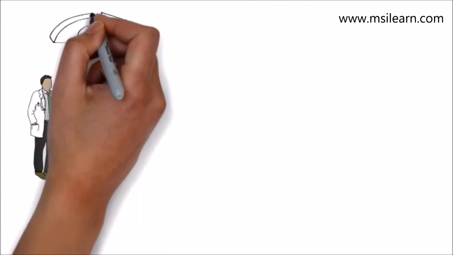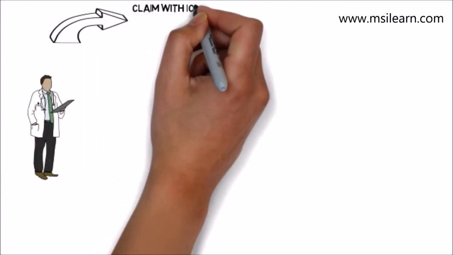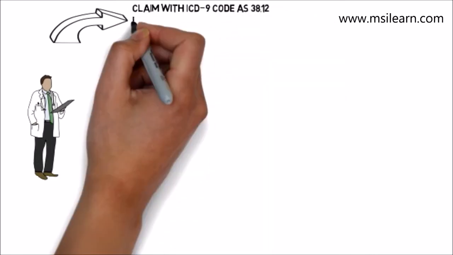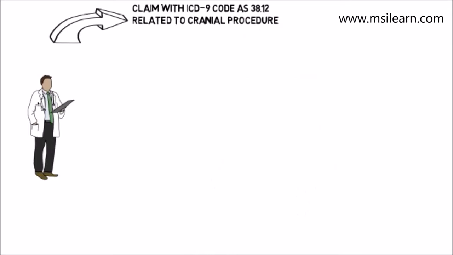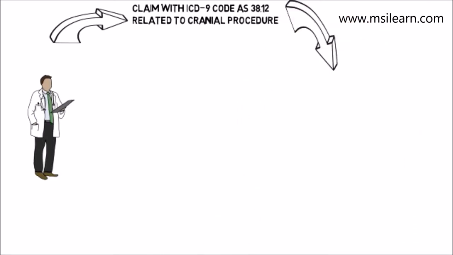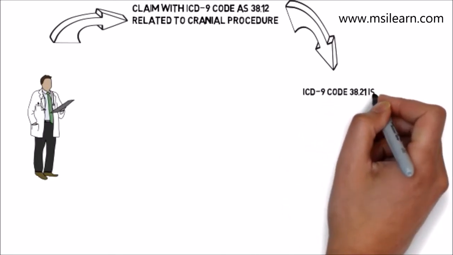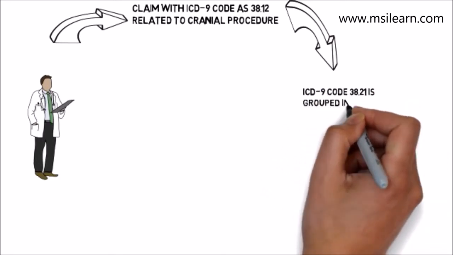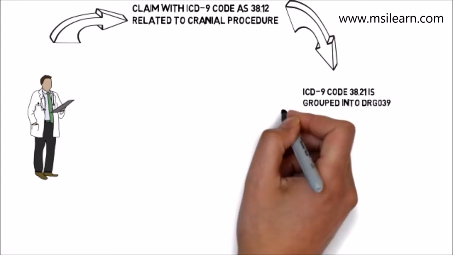We haven't yet moved from ICD 9 to ICD 10, let's assume. Let's say he submits a claim with ICD-9 code 38.12, which is related to a cranial procedure. Now this code is grouped into DRG 039. That's a real group which this claim is grouped into.